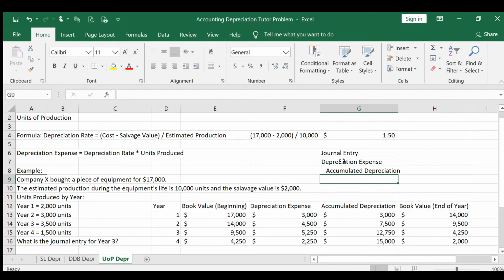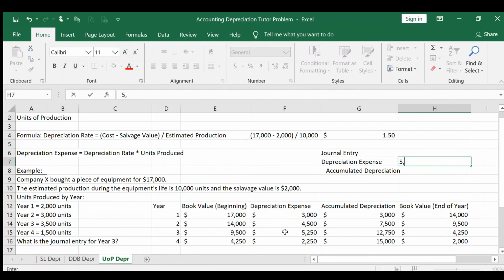This does not change even in units of production. So our depreciation expense for year 3 was $5,250. There we go. And that will be the same for our account title and accumulated depreciation.